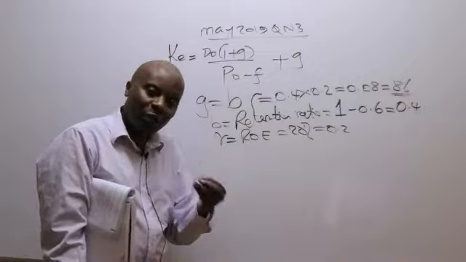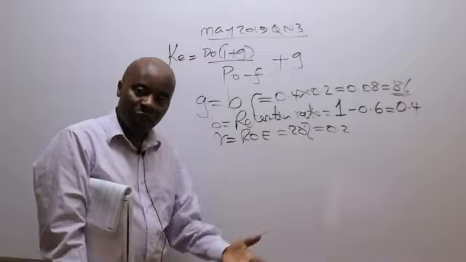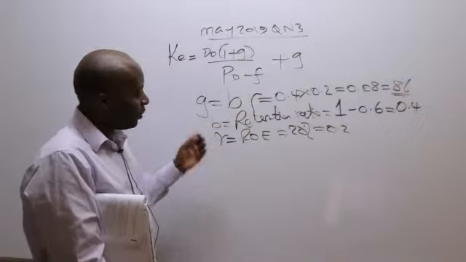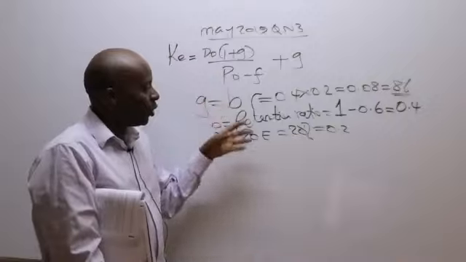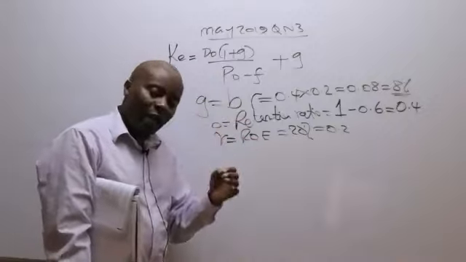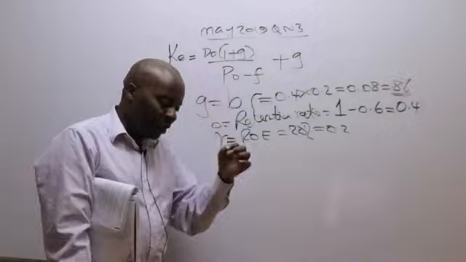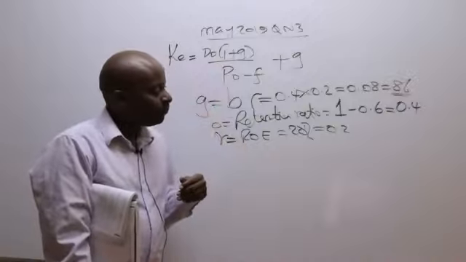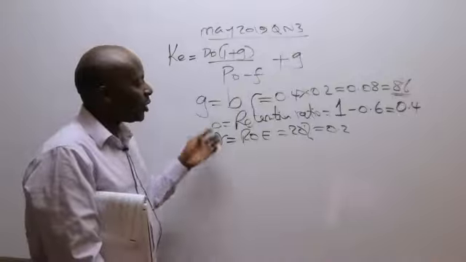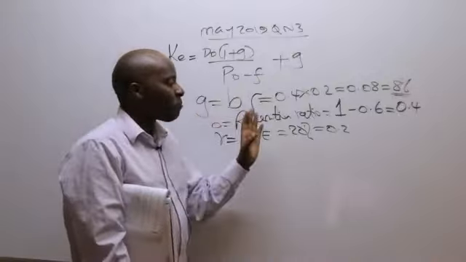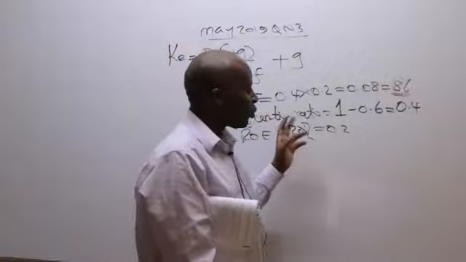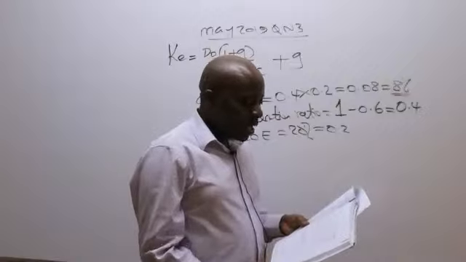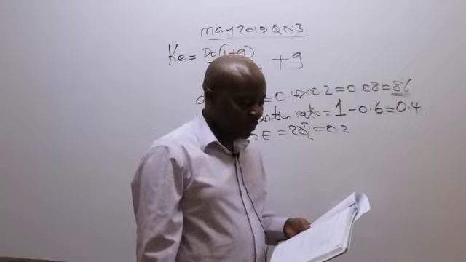Out of your salary, how much are you able to retain to go into your investments? Or everything you get goes to the stomach? No. So our g should be equal to the retention ratio multiplied by the return on equity, the return from the investments that we shall be putting these monies retained. First of all, the retention ratio: they have told us in note number 3 that the firm adopts a 60% dividend payout ratio.